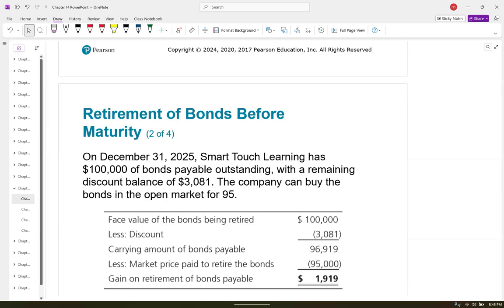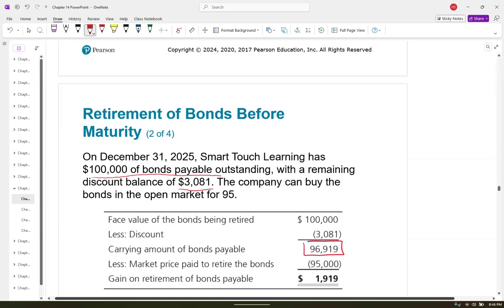So December 31st, 2025, Smart Touch Learning has a $100,000 bond payable outstanding with a remaining discount of 3,081. And the company can buy the bonds on the open market for 95. So they have a carrying value of 96,919.